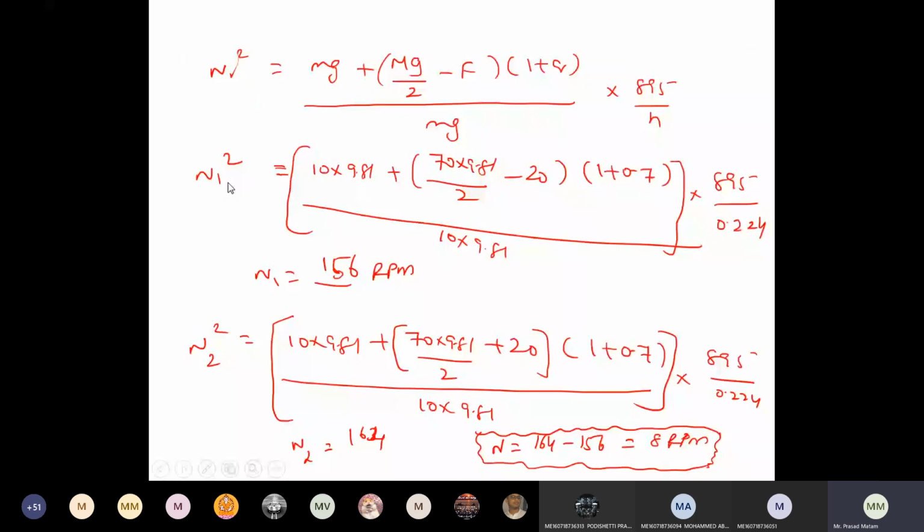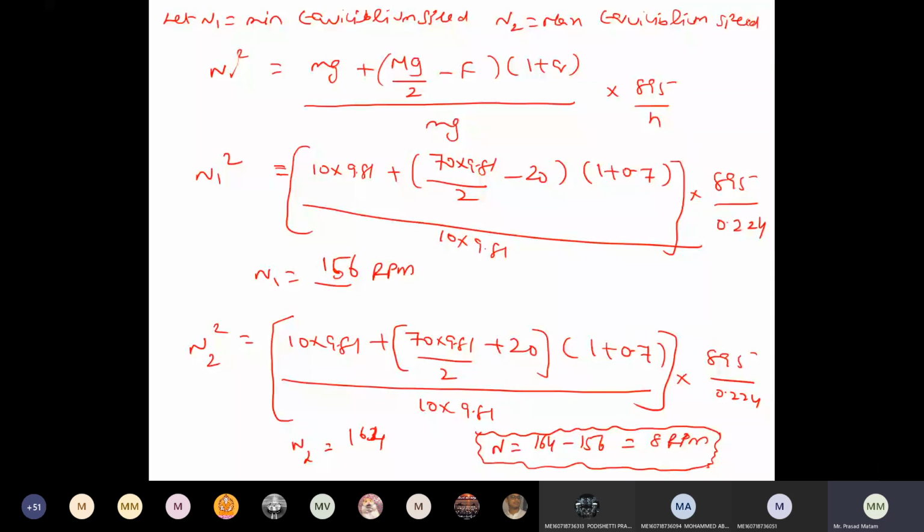Let us mention here. N1 is the minimum equilibrium speed and N2 is the maximum equilibrium speed. What is the meaning of equilibrium?